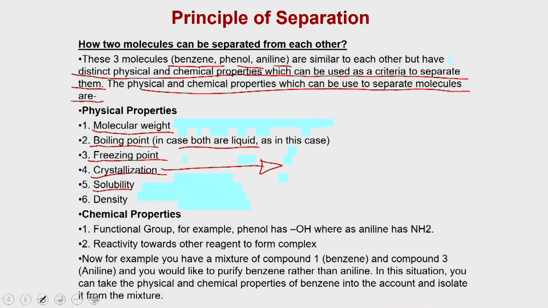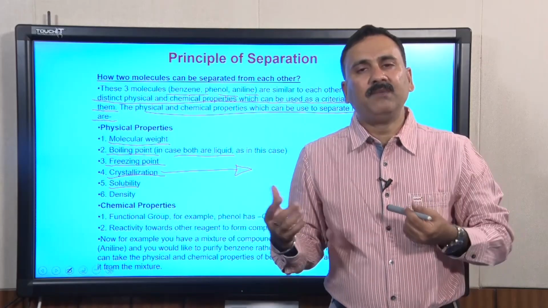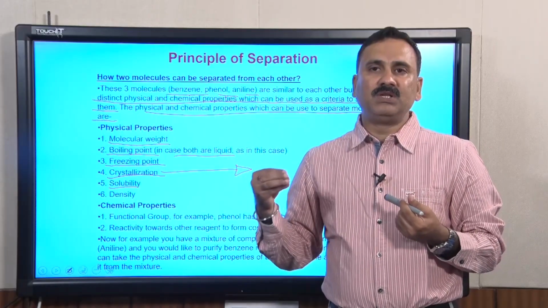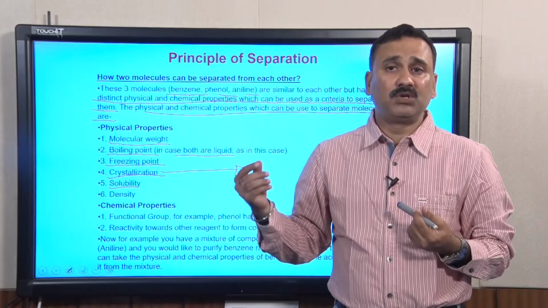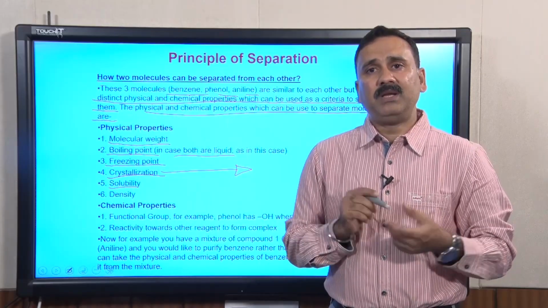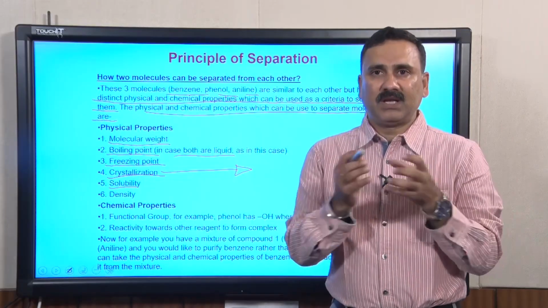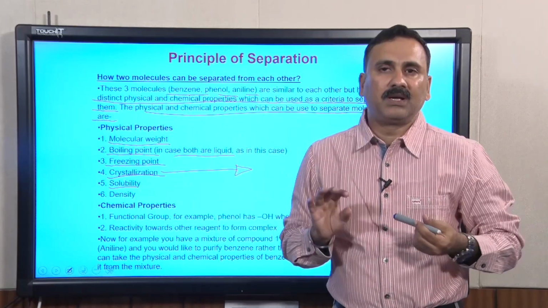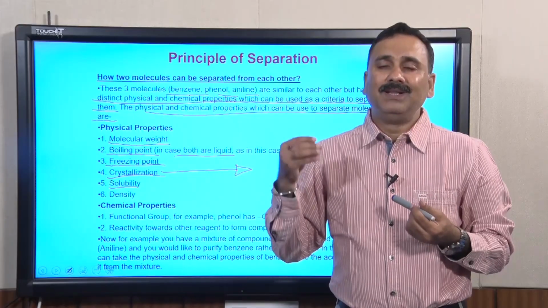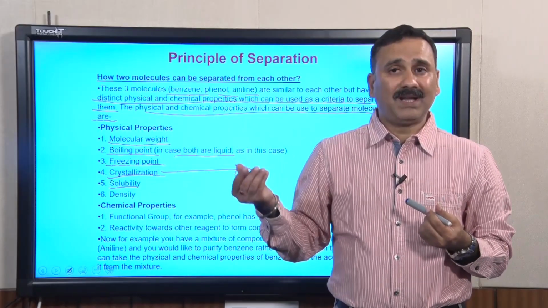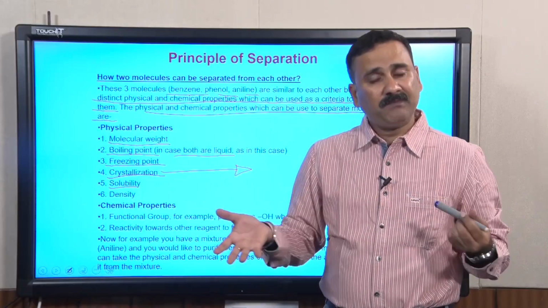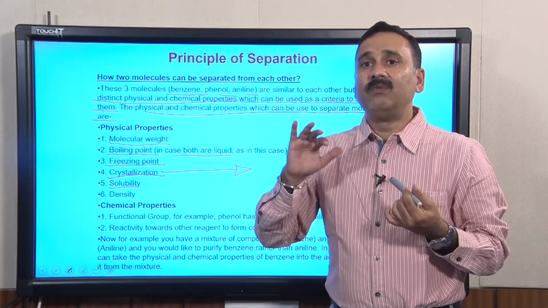So, suppose you have a complex mixture. What you can do is bring the crystallization conditions of one molecule. If you take a liquid which is a mixture of different compounds and bring the crystallization condition of one of the compounds, that compound is going to crystallize. You can purify that crystallized product simply by filtration, and the rest of the molecules will get filtered out.